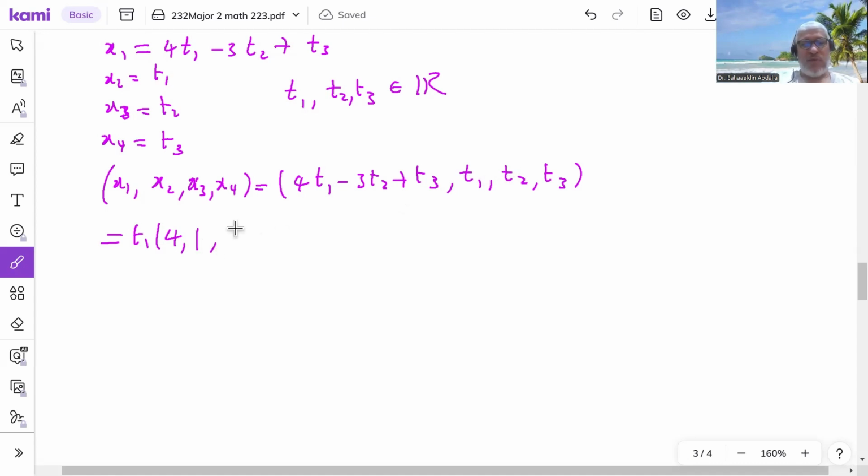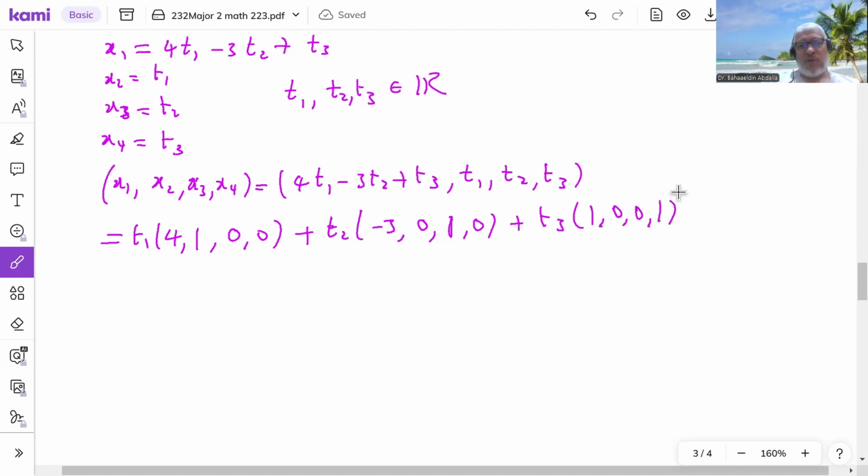There is no t1 in the third or the fourth coordinate, so we write 0. Plus, now t2, do the same. In the first coordinate, I have negative 3 t2. Second coordinate, no t2. Third coordinate, I have t2 with coefficient 1 and here 0. Do the same for t3. I have coefficients 1, 0, 0, and 1.